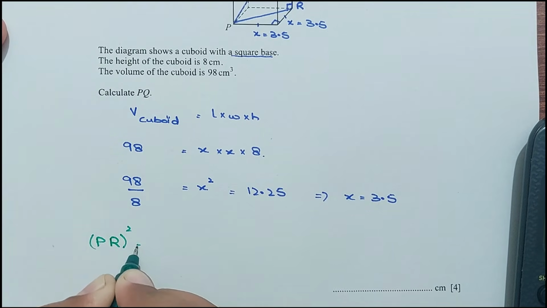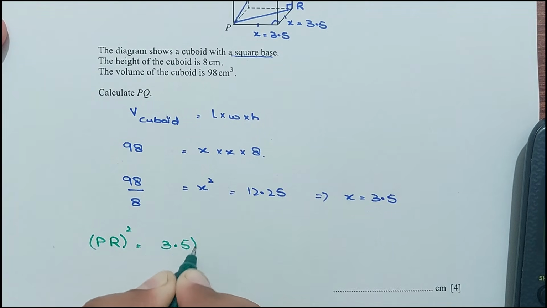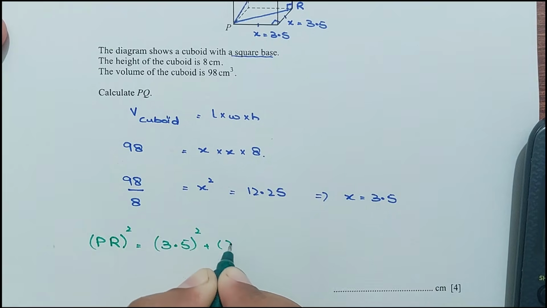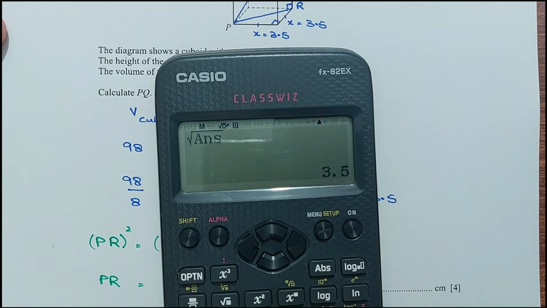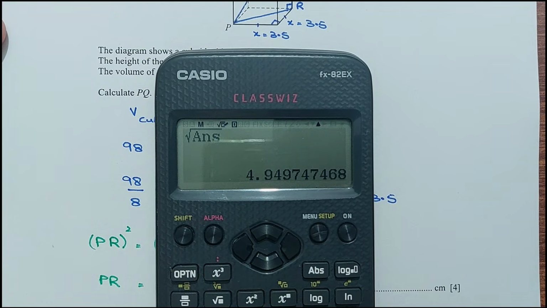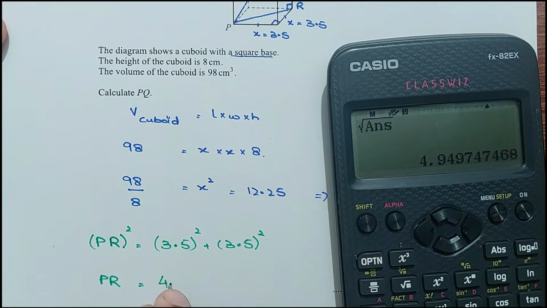PR square would be 3.5 square plus 3.5 square. So PR is the square root of 3.5 square plus 3.5 square, which is 4.949 centimeters, right?